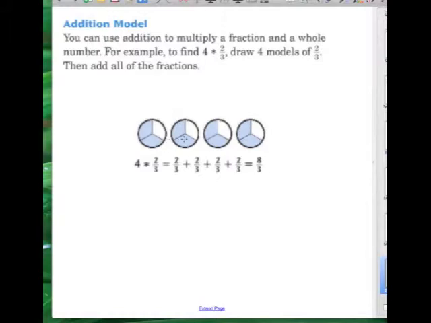So 1, 2, 3, 4 circles, and then they divided each circle into thirds. So they shaded 2 in each, and then they added all of them together. So they took 2 plus 2 plus 2 plus 2, which gave them 8/3. So 4 times 2/3 is the same as 8/3.